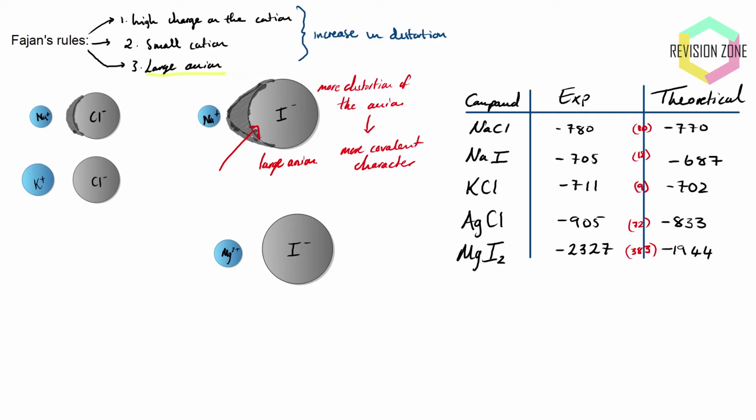Okay, so additional shielding reduces nuclear attraction of the outer electrons, so they can be pulled away.